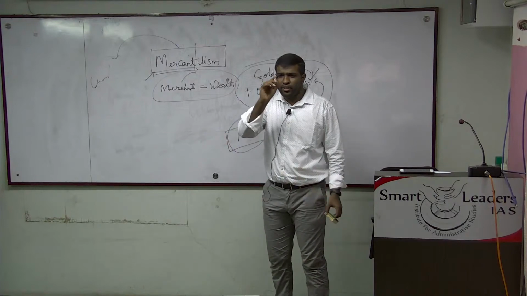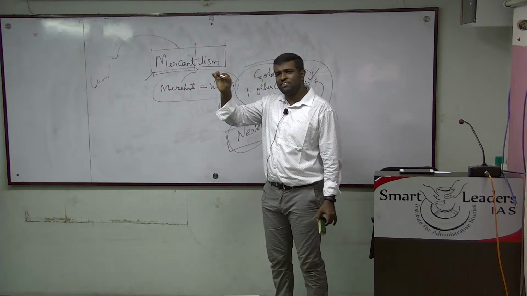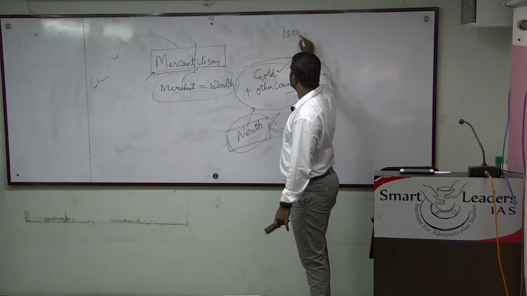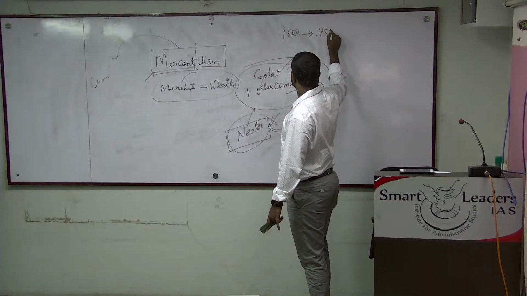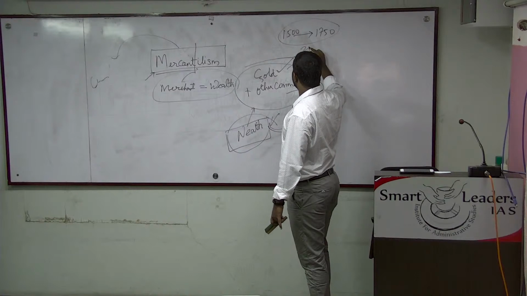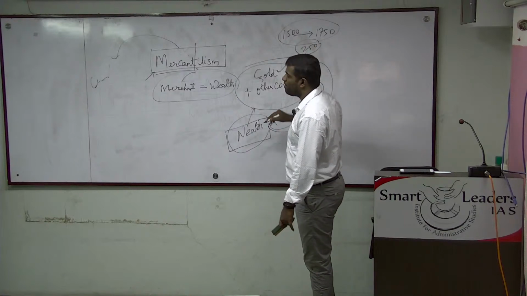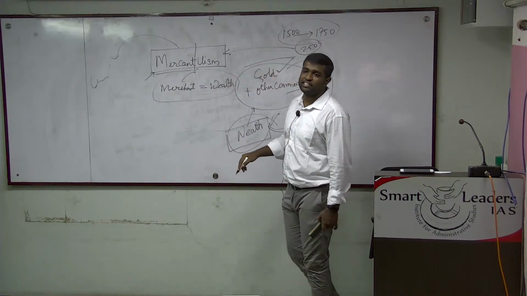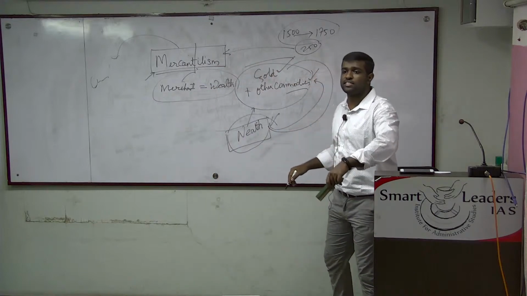So from the 1500s to the 1750s, nearly 250 years, the world experimented with mercantilism and its twin brother, colonialism.